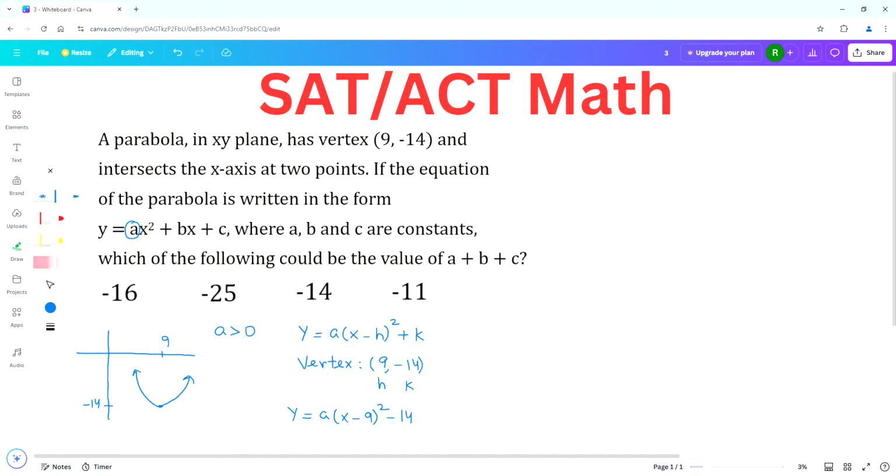We have to find the value of a plus b plus c, and a, b, and c are the coefficients from the equation in standard form. So we should convert the vertex form to standard form. For that, the first step is to expand the square. We should multiply x minus 9 by itself.